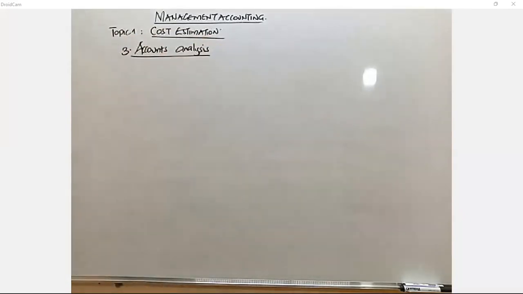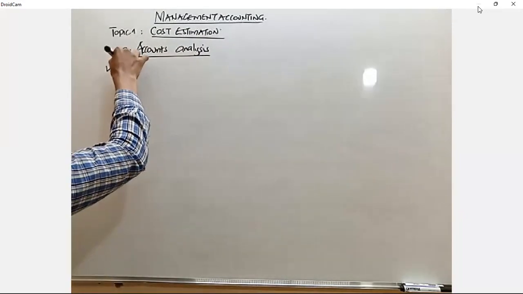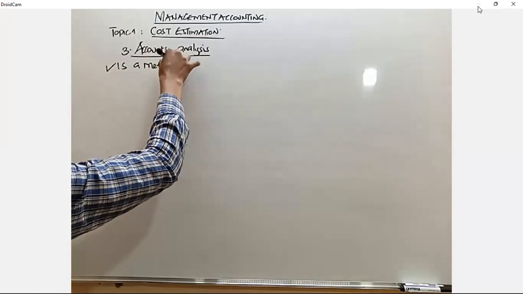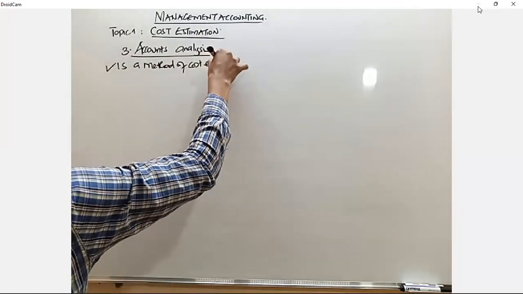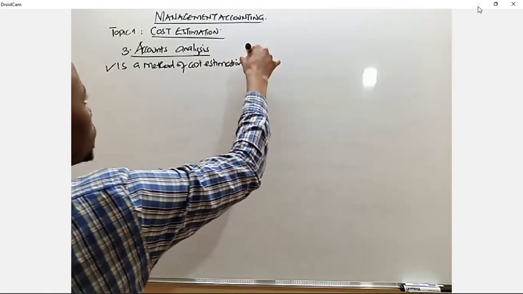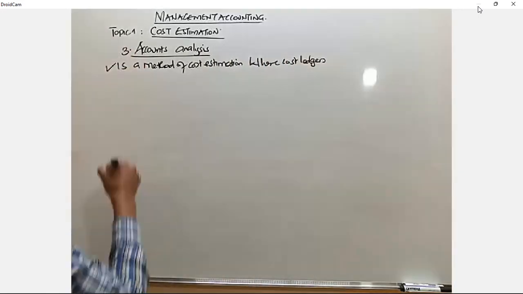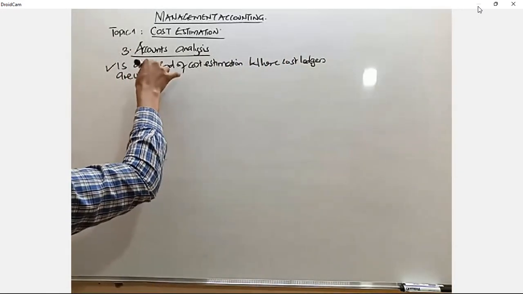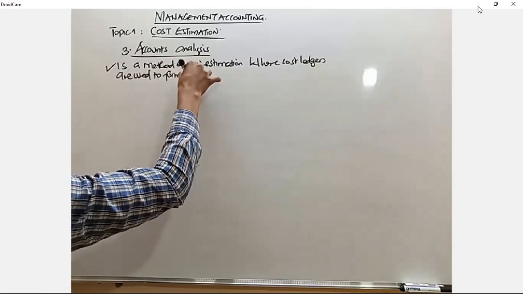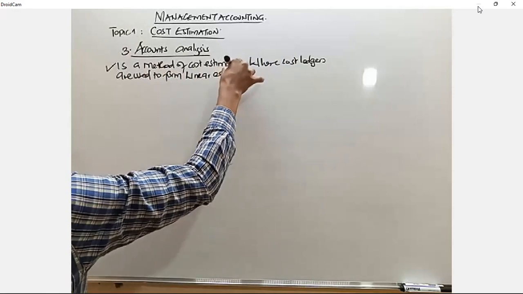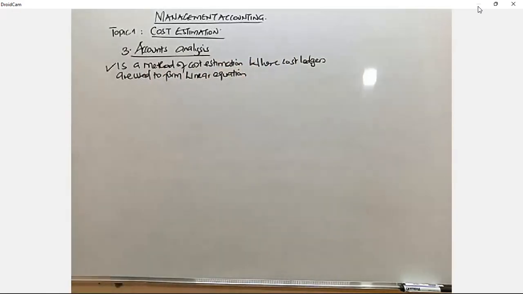Now, when you're looking at accounts analysis, we said it is a method of cost estimation where cost ledgers are used to form a linear equation. The cost ledgers are used to form the linear equation.